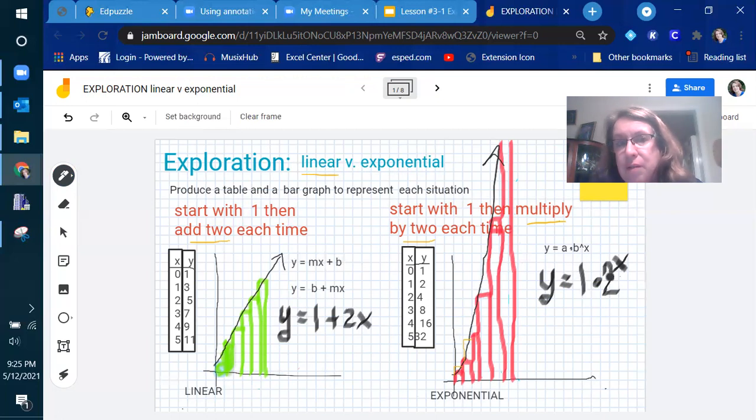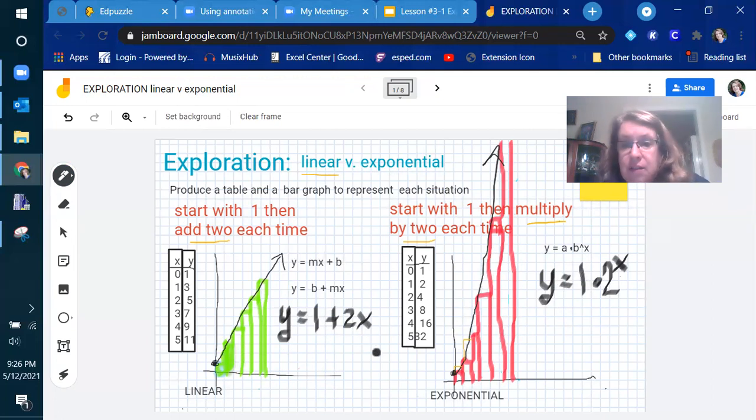It's called the common ratio. So here a is 1 and b is 2, because we started with 1 and we're multiplying by 2 each time. You can see the starting amount right here. It's a point. You can find it on the y-intercept. So it's also the y-intercept. The y-intercept is 1. Here, the b, and I use a different letter, but it's the one without the x, is just the number by itself. It's also the y-intercept right there. That's number 1.